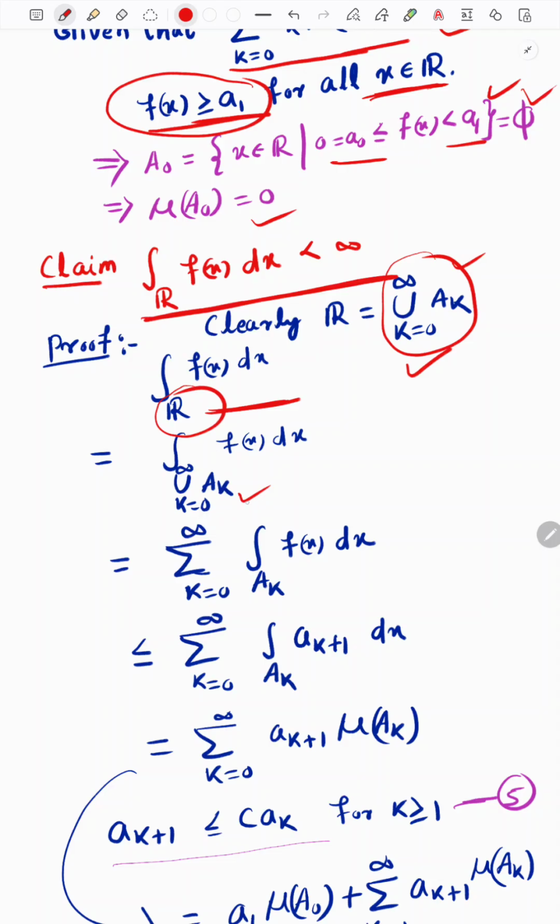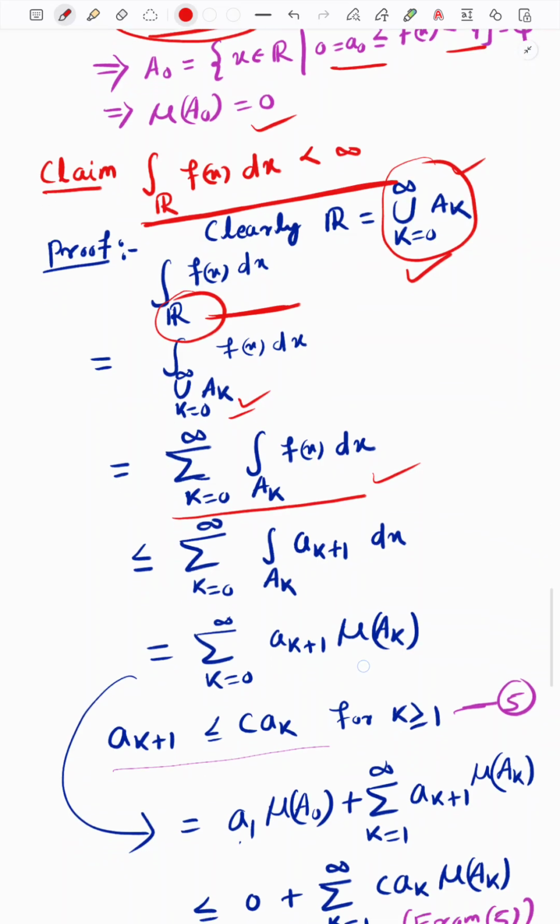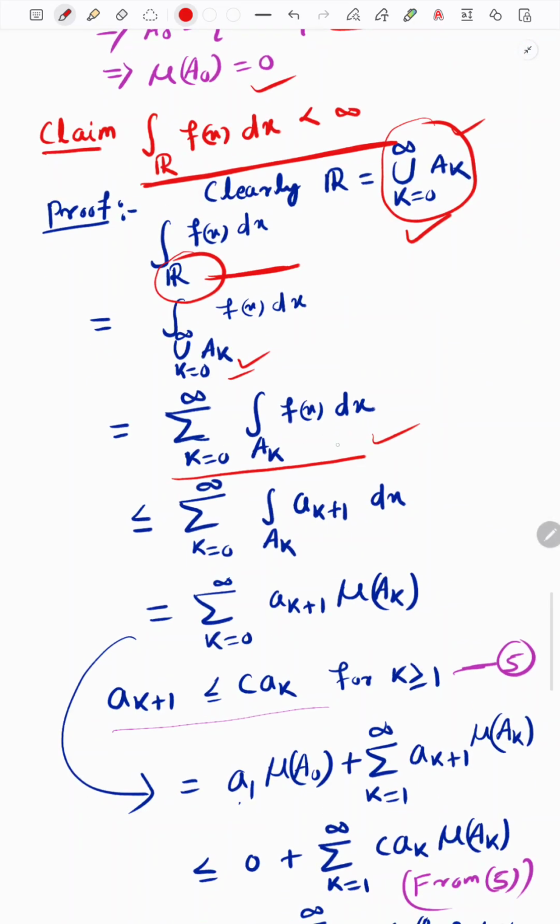And since these sets are disjoint, this union value can be written in this summation form. Then we will apply the definition of AK. AK is what? On the set AK, it contains all the real numbers so that it satisfies AK less than or equal to f of x strictly less than AK plus 1.